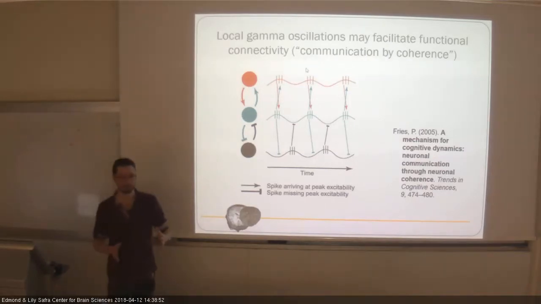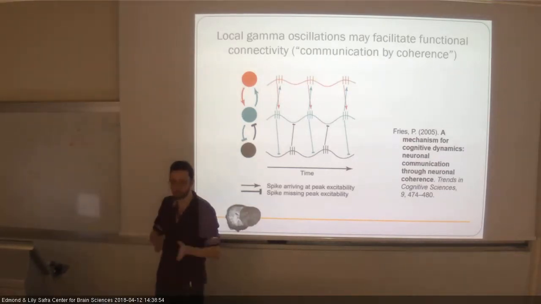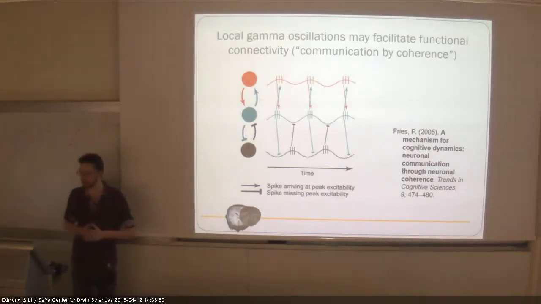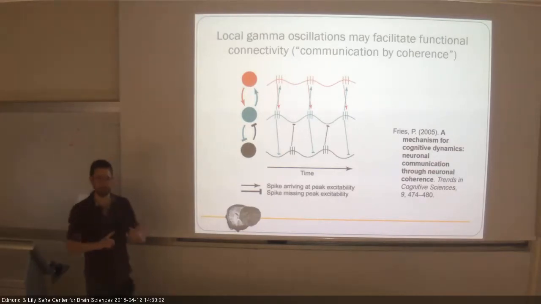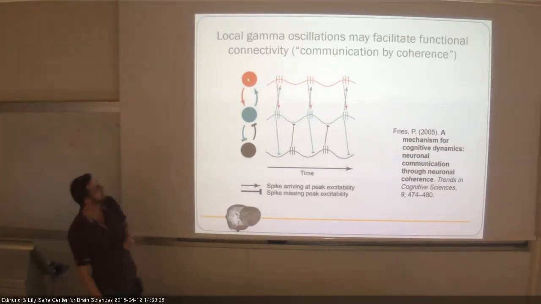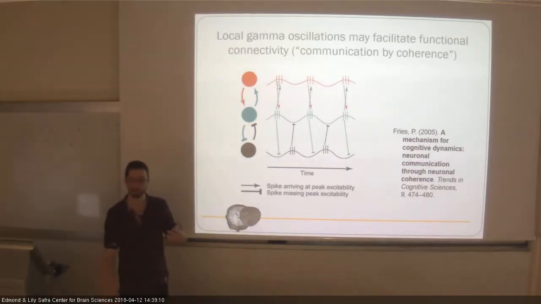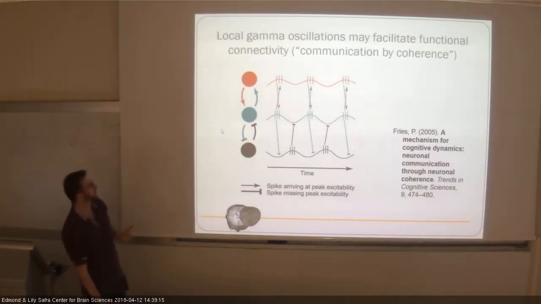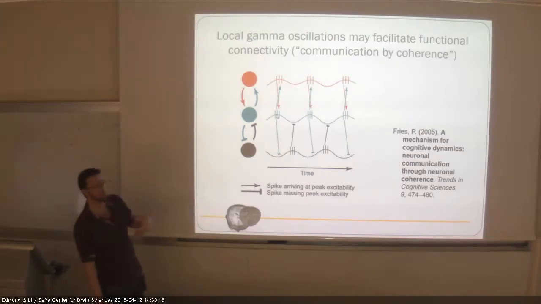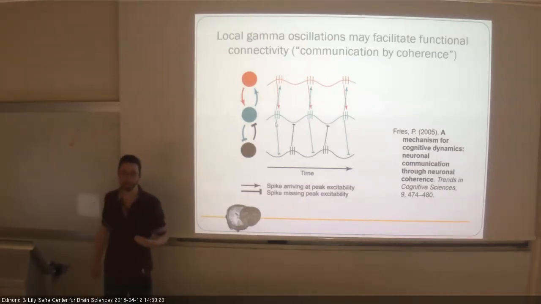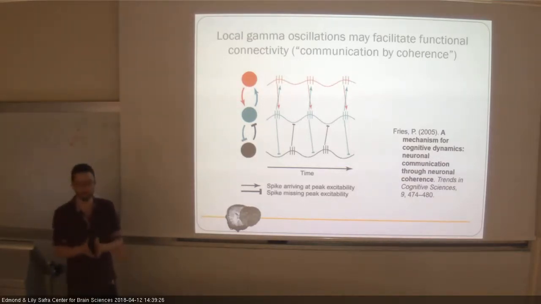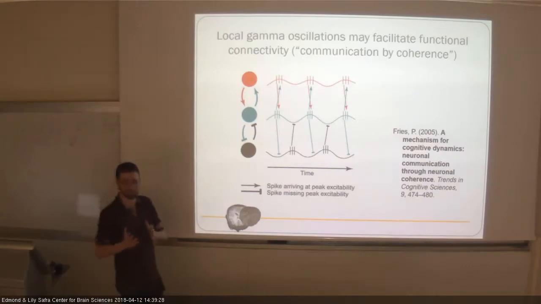So the idea is that neural populations that are synchronized, that have the same phase of this fast gamma oscillation, would be functionally more connected, in the sense that if this neuron fires at a certain time, when it's during its more excitable phase, when it's more likely to fire, then another neuron receiving input from it would be more likely to also fire if it's on the same excitability fluctuation.